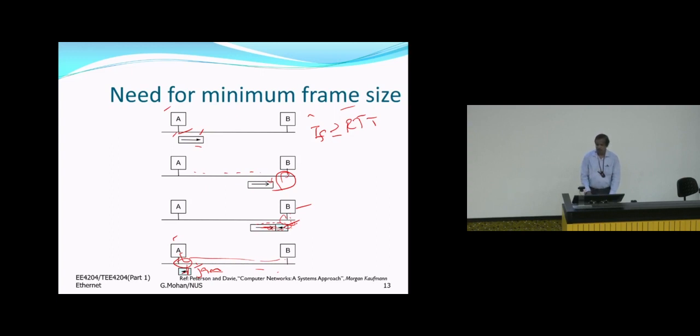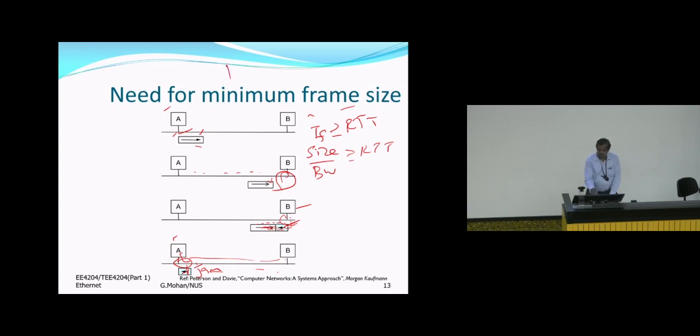If this condition is satisfied, even if its frame collides at the very far end, A should still be able to detect it, because that host will be throwing out some bits, and with those bits it will collide. So what is TF? TF is size divided by bandwidth, and that should be at least the RTT.